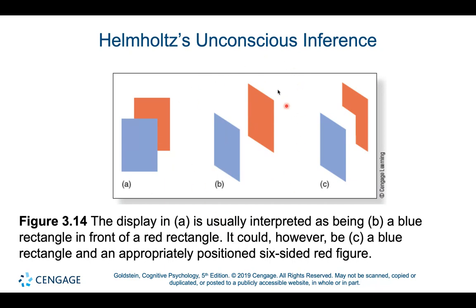That's much more likely the source of this retinal image than a blue rectangle that fits perfectly in the cutout of this six-sided red figure, right? That's not likely. How often is that going to happen in the world? Not very often. C would be an incredibly rare occurrence in the natural world. But B is a very common occurrence.